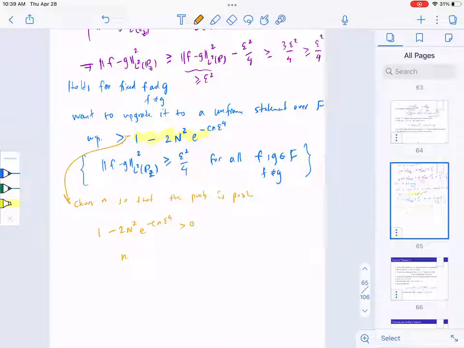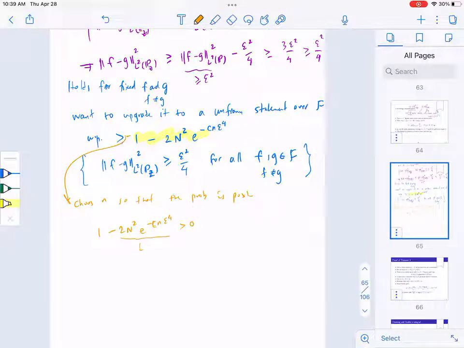So if n is at least some big constant divided by epsilon to the 4, let's do this.